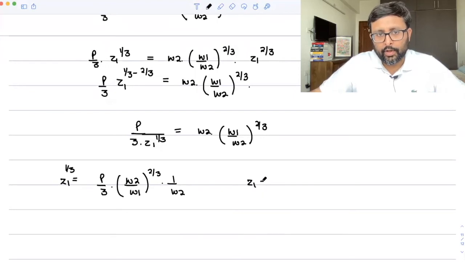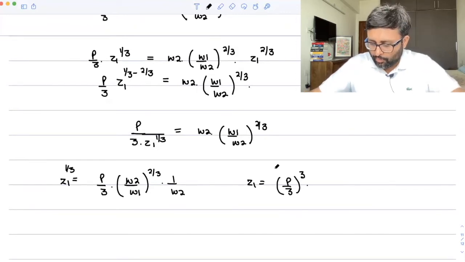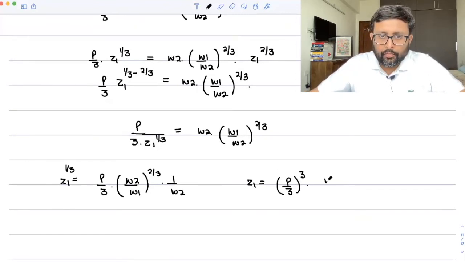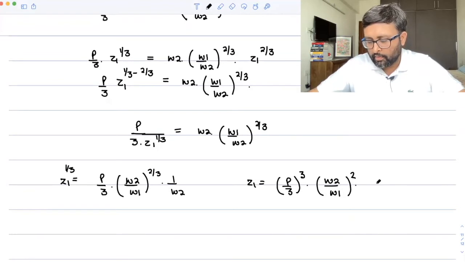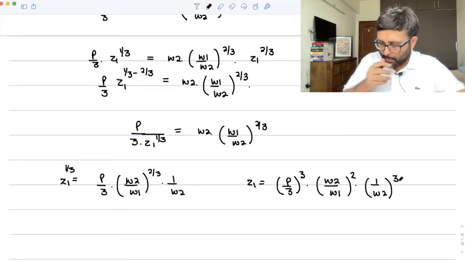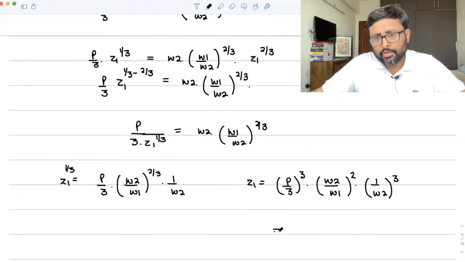So I can get Z1, right? P by 3 cube, W2 by W1 square, 1 upon W2 cube. Again, just like this.